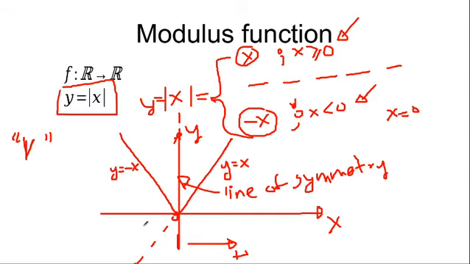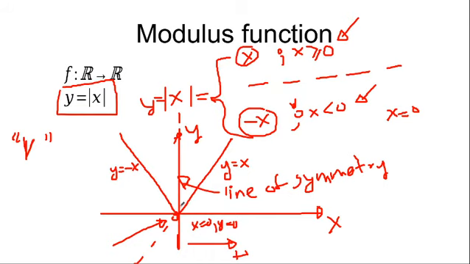The other thing you should notice is that this has a minimum. This example has a minimum where the minimum lies. Minimum is at x equals 0, right? When x equals 0, y is equal to 0 according to this example.